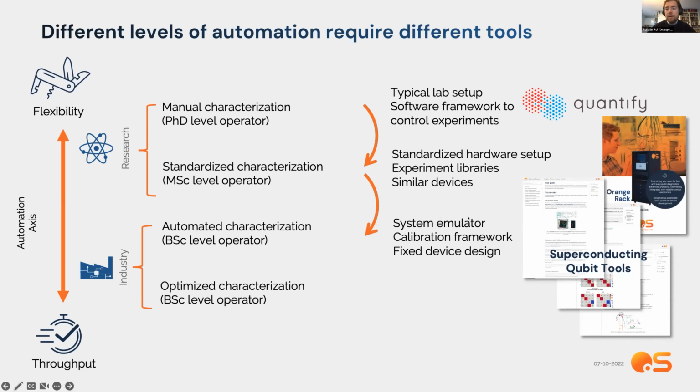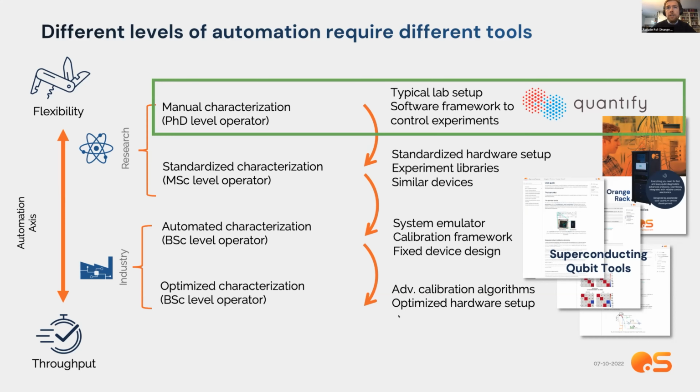So you need to develop advanced simulators, emulators also to develop against. And if you're going to this optimized stage, you really want to rethink your hardware architecture as well and say what the goal is. And that's the point where a quantum computer starts to diverge from a test system. Now, what I'll be focusing on today is predominantly the Quantifer framework.